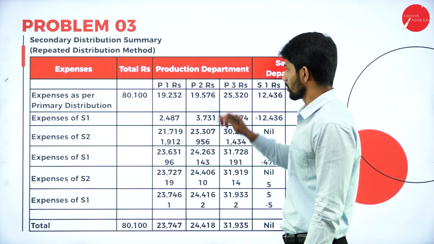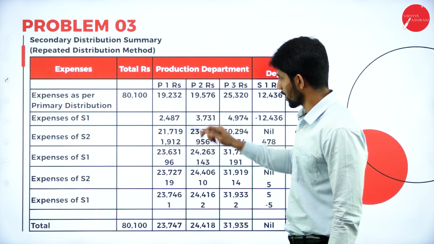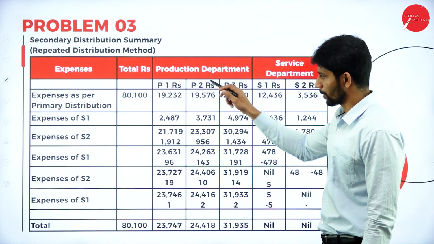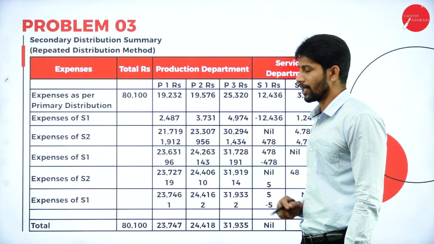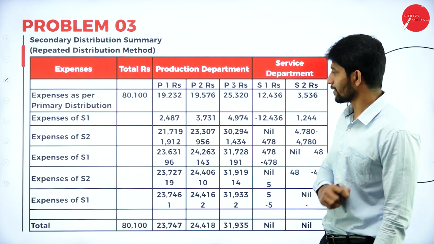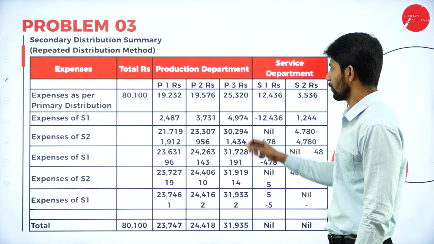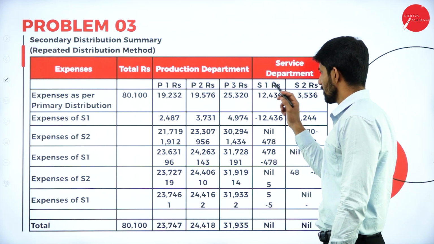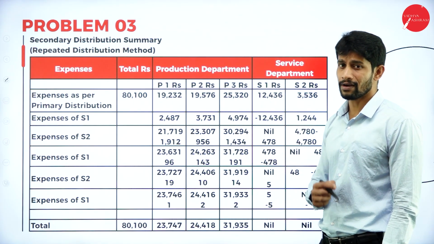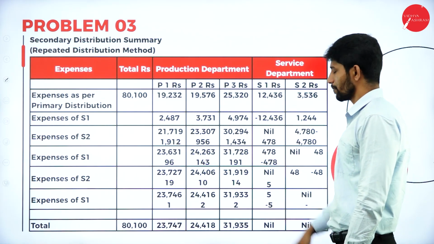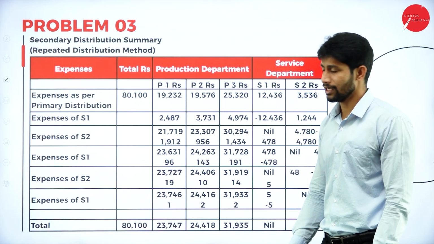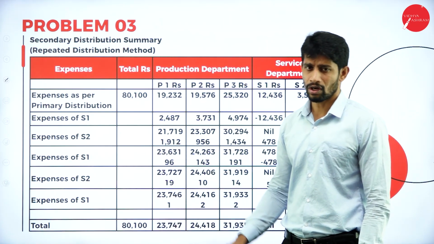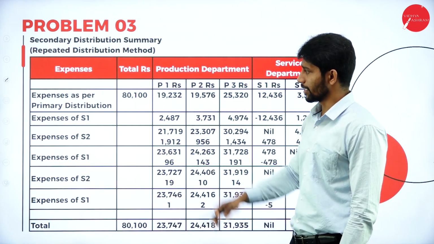Production department 1 is 19,232, production department 2 is 19,576, production department 3 is 25,320, service department 1, 12,436, service department 2, 3,536. Using this, we solve the problem under secondary distribution.